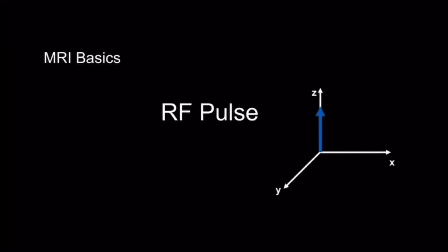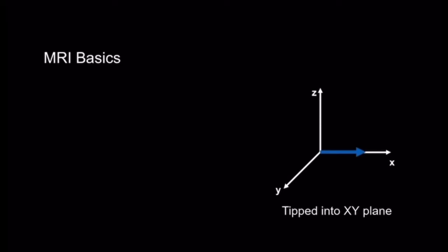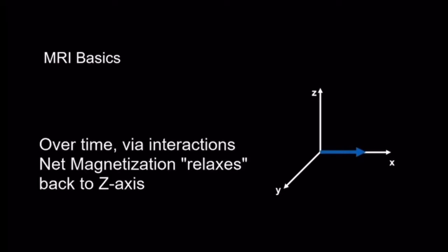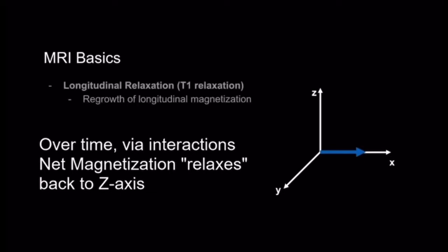So again, after the RF pulse, we've tipped our net magnetization into the XY plane. And as we showed earlier, the nuclei are also precessing like a top at a particular frequency in sync in that plane. This doesn't happen forever, and over time you start to lose your signal. Over time, through interactions with the surrounding environment, the net magnetization vector will relax back to the Z-axis.